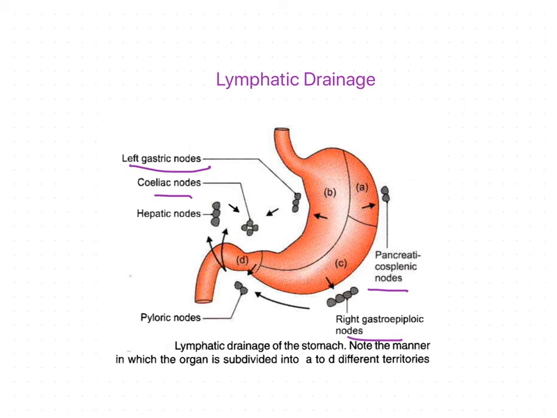And area D, that is the pyloric part, drains in different directions into pyloric nodes and hepatic nodes, and also to the left gastric and celiac nodes. So in different ways this area D is drained by different nodes. Now we will move on to the nerve supply of the stomach.